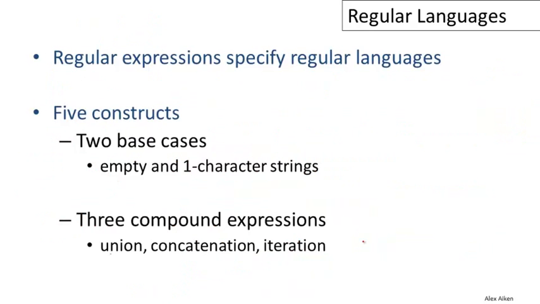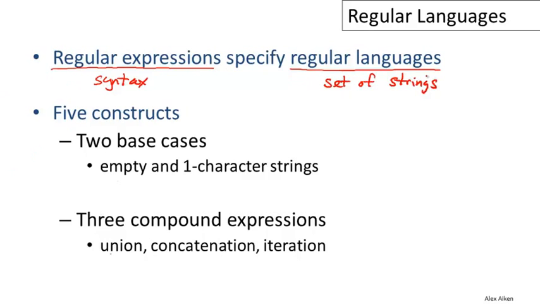Well, we've come to the end of this video, and to summarize, we looked at regular expressions, which are used to define regular languages. The regular expressions are syntax, that's the expression that we write down, and it denotes a set of strings, which is the regular language, and that's the meaning of the regular expression.